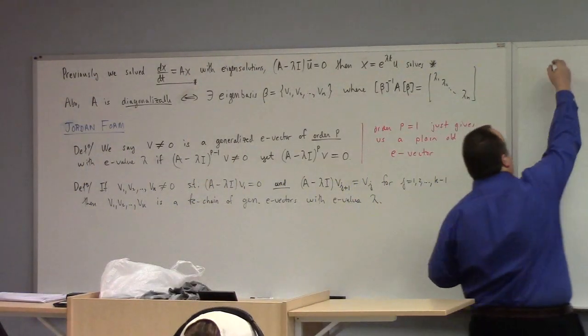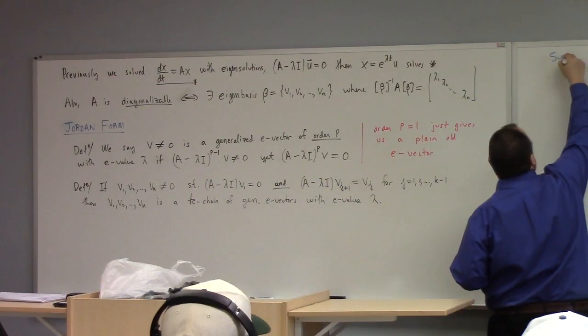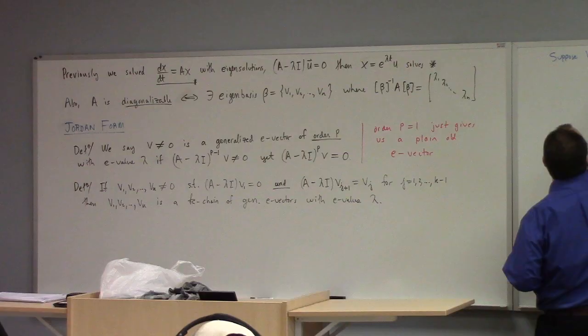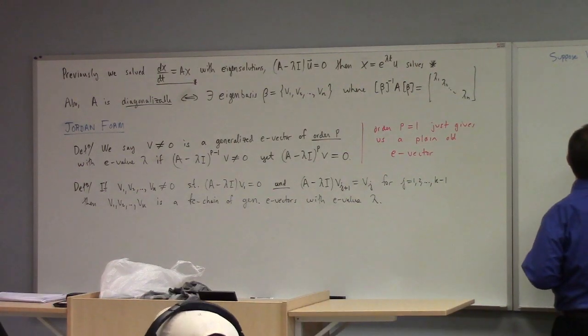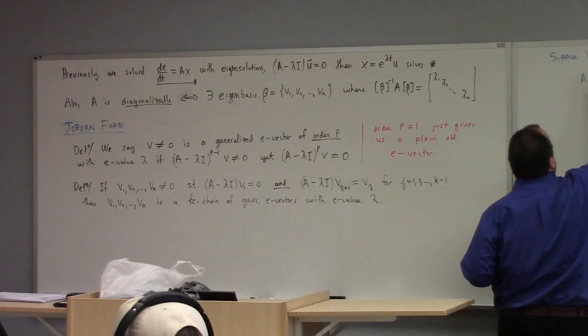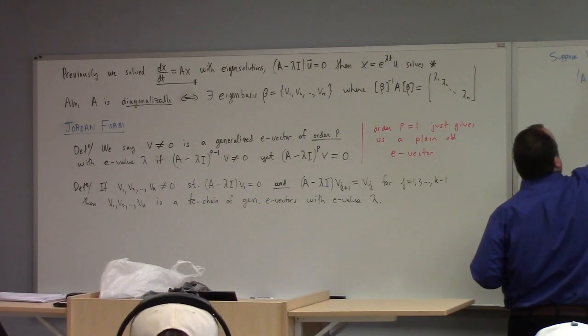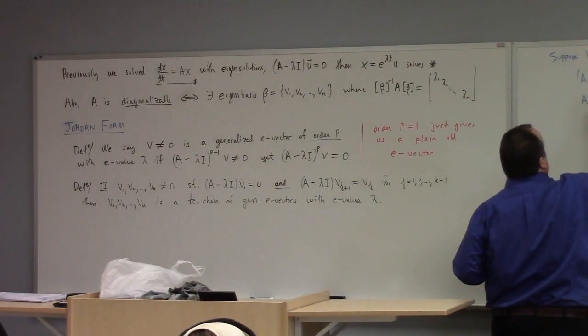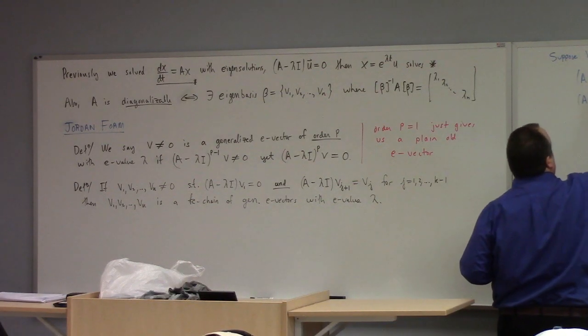So suppose we have a k-chain. All right, so that means to start with, we have (A minus lambda I) v1 is equal to 0. What happens when we take (A minus lambda I) v2?